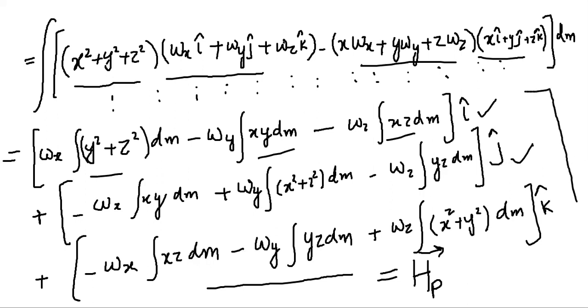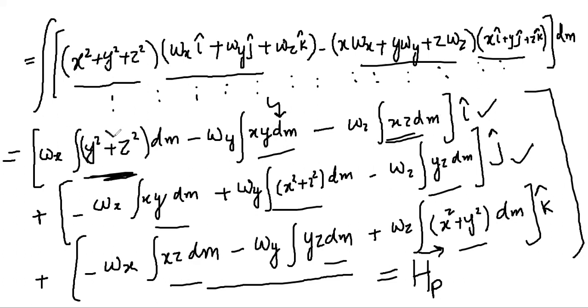Once we obtain this expression, we need to identify what the integral of x square plus y square dm, the integral of xy dm, and the integral of xz dm mean. We have already identified them in the previous lectures of kinetics, so we'll be just substituting what they actually mean to us.